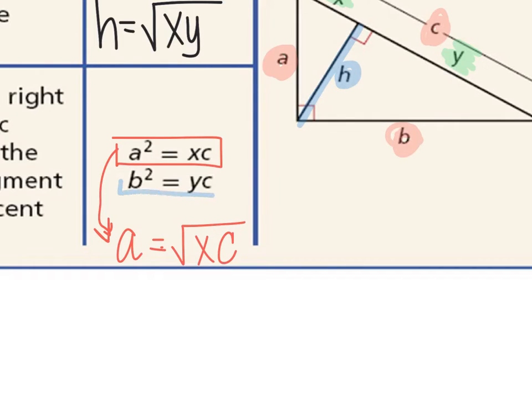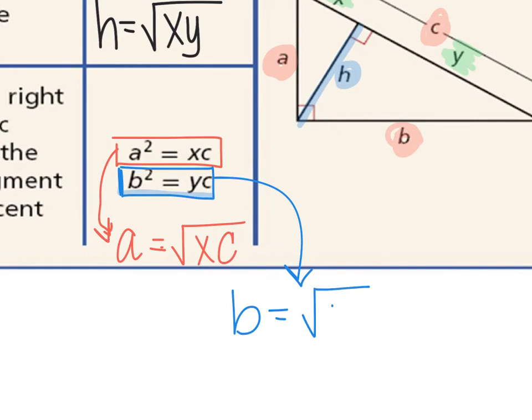And if I asked you to solve for b, we would take b squared equals y times c, or b equals the square root of yc.